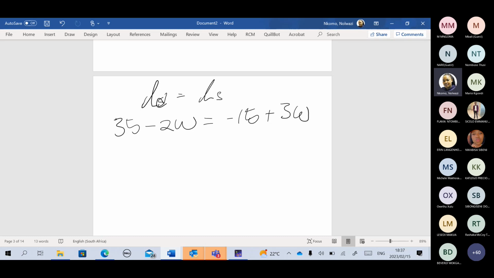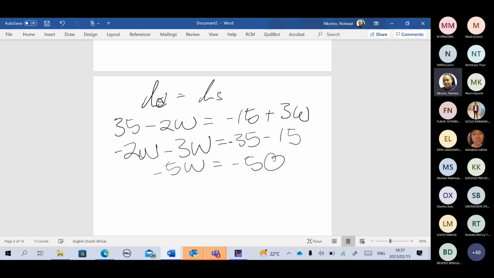If you do that, you should get minus 2W minus 3W equals to 35 minus 35 minus 15. And if you simplify this further, you will get minus 5W equal to minus 15.